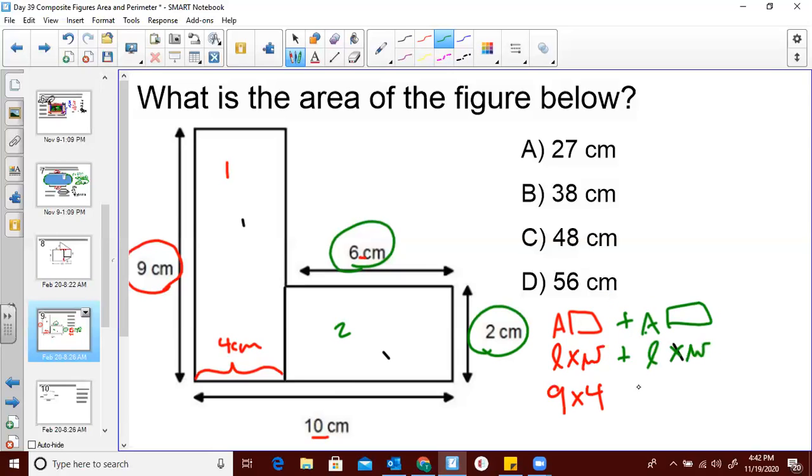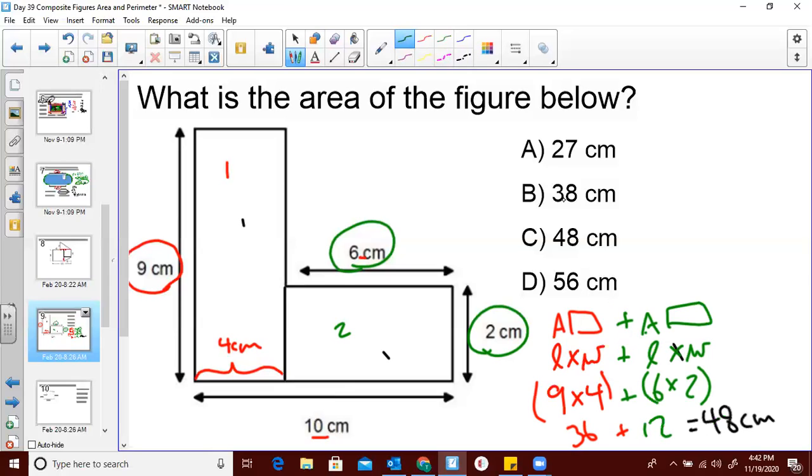And that's going to be 6 times 2. Now remember to follow your order of operations. We're going to multiply first. So we'll have 36 plus 12. And that simply is going to equal 48 centimeters.